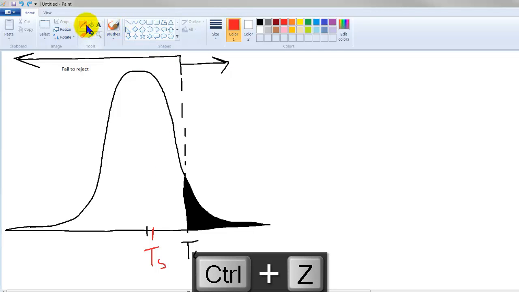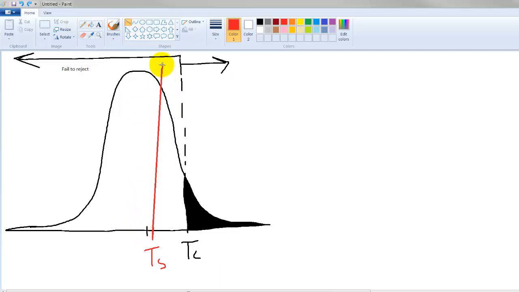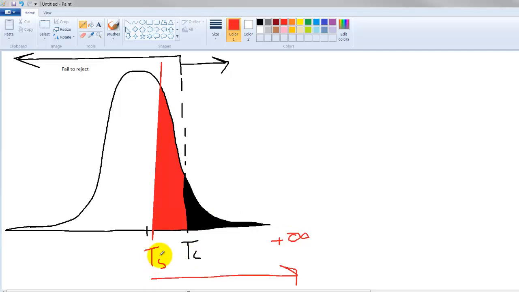What is happening is that the p-value area, of course all probability is an area, is calculated from this value over to positive infinity. And this p-value is much larger than alpha. So that's how we make our decisions. We look at the p-value and compare it to alpha. Alpha in this case was 1%. Our p-value was 22%. That means the test statistic is to the left.